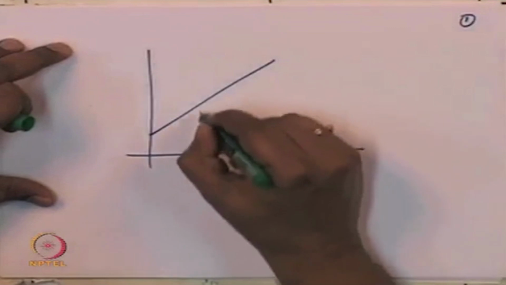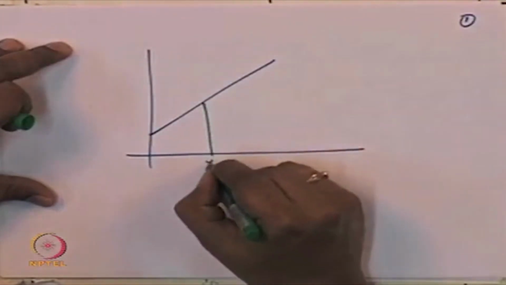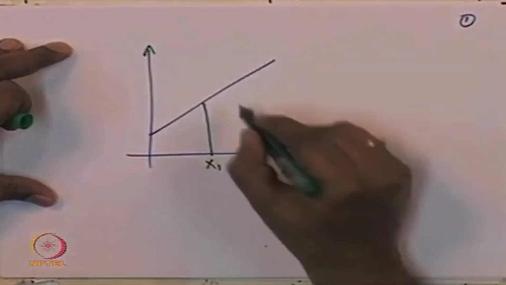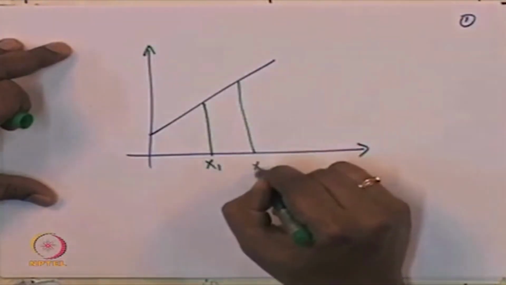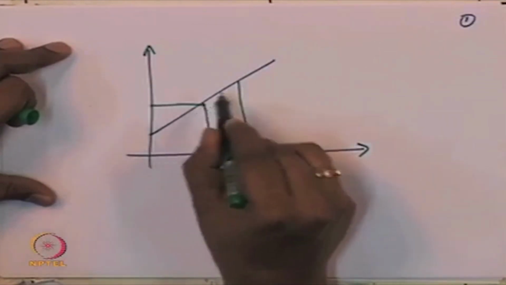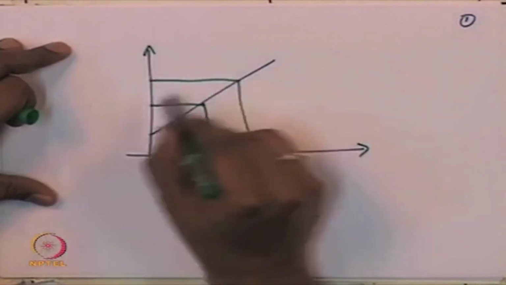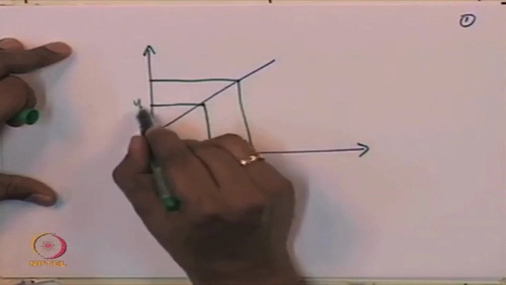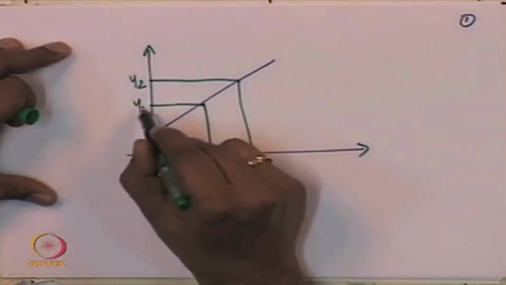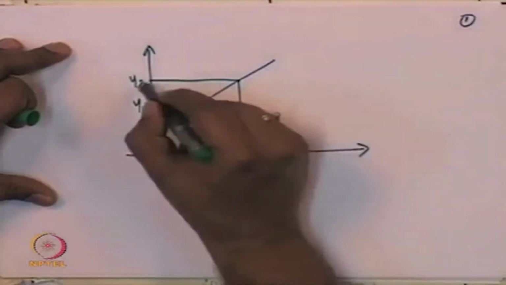We took some point x1 on the x axis and another point x2, and we calculated the corresponding y points, y1 and y2. For x1 there is a corresponding y point y1, for x2 there is a corresponding y point y2.